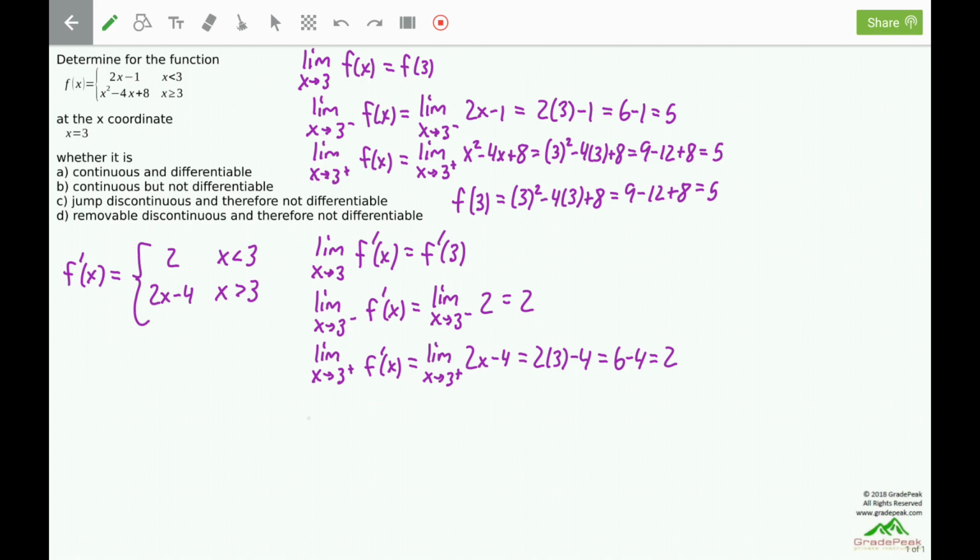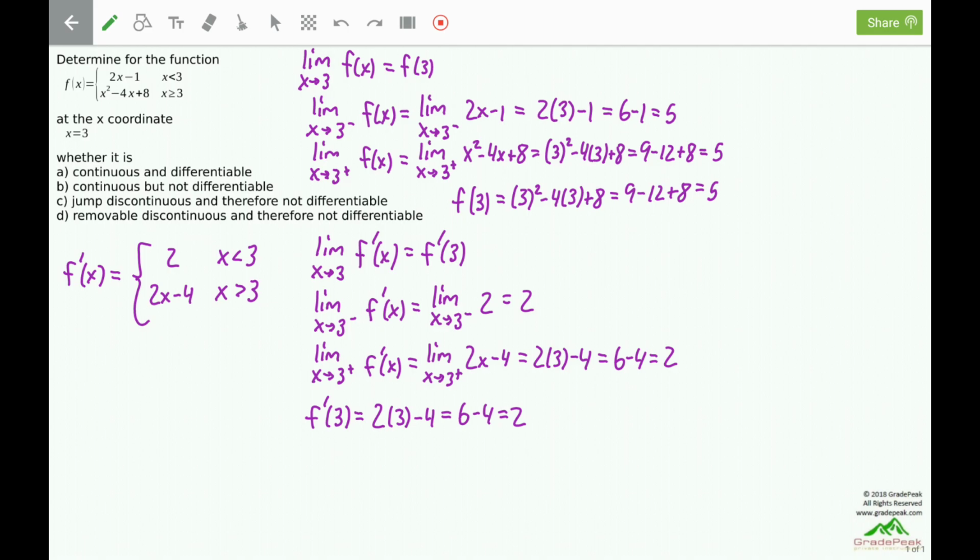The last thing we want to evaluate is f prime right at 3. And the one that will include the 3, if anything includes the 3, is the second one, because the original function included the 3. It looks like the limits did match each other. And so f prime of 3, if we use this second expression, will be 2 times 3 minus 4, which is 6 minus 4, which is also a 2, and it matches the left and right side limits.